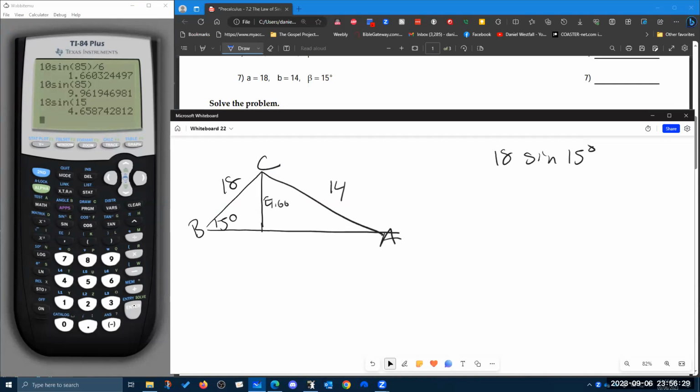It's not the biggest side. So I think that I'm going to be able to swing this 14 over here and make a second triangle. So let's go ahead and prove that with the other method here.